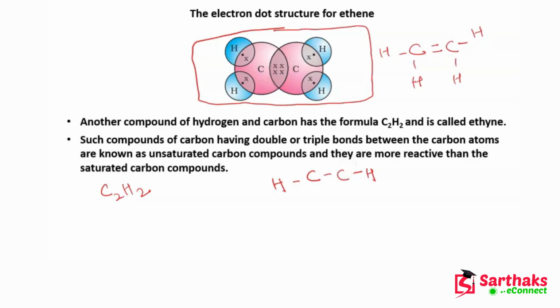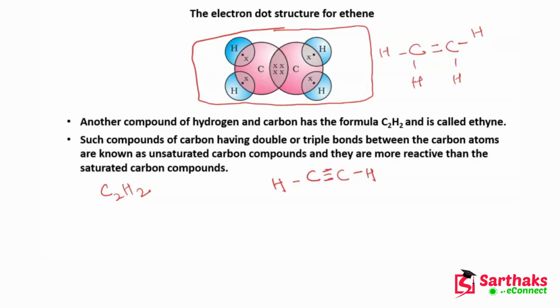It means two valencies are unsatisfied. To satisfy them, I will make a double bond here. Now I will check whether the valencies are satisfied or not. 1, 2 and 3. Now also you can see that a valency is unsatisfied, so I will make a triple bond between these carbon atoms.